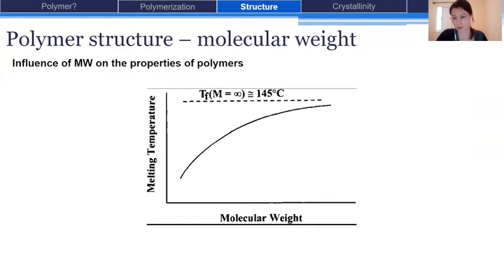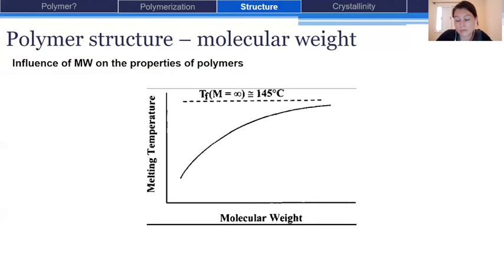And it is very important to know the molecular weight of the chains, because many of the properties of the polymer are dependent on this parameter. For example, in that case, it is represented the evolution of the melting temperature of the polymer as a function of the molecular weight. And you can see that up to a certain value of molecular weight, you have an increase of the melting temperature with the molecular weight.